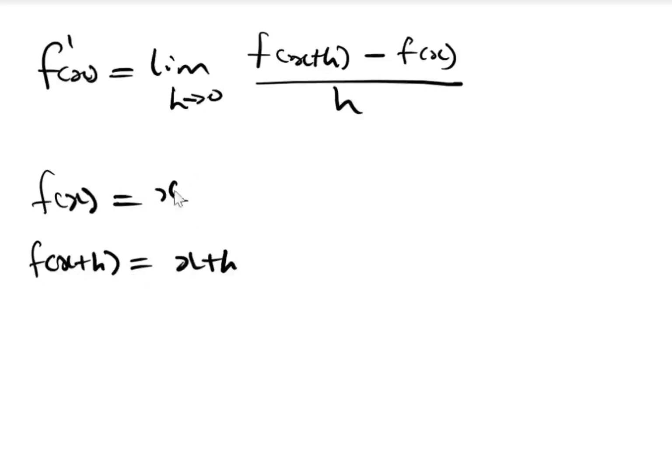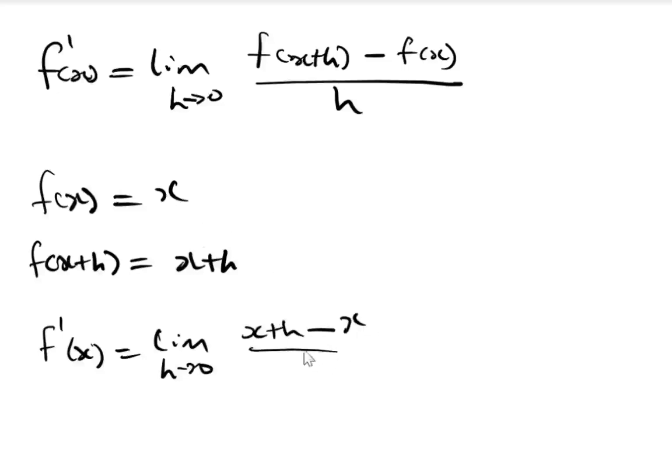So substituting this in this formula, we have that the first derivative, which is f prime of x, is equal to the limit as h approaches 0 of x plus h minus x, divided by h.